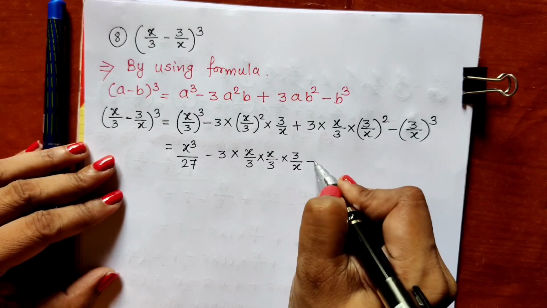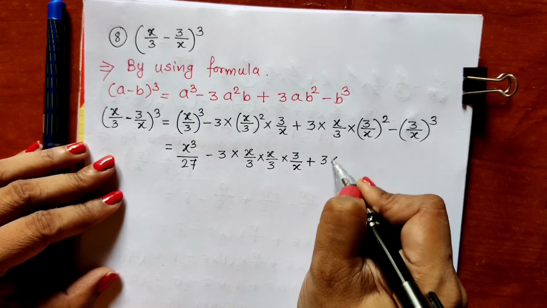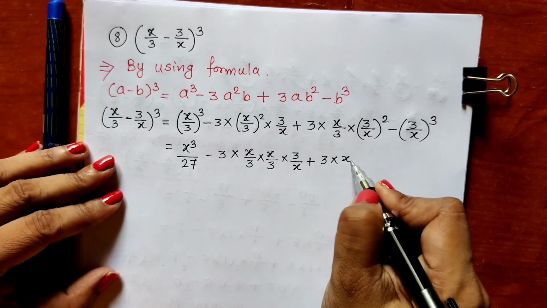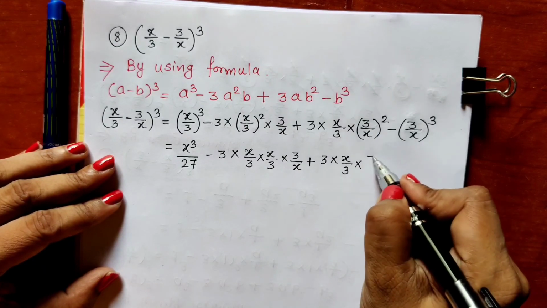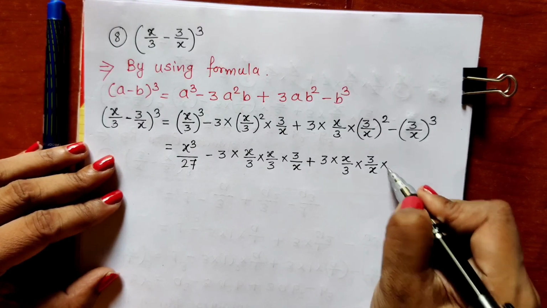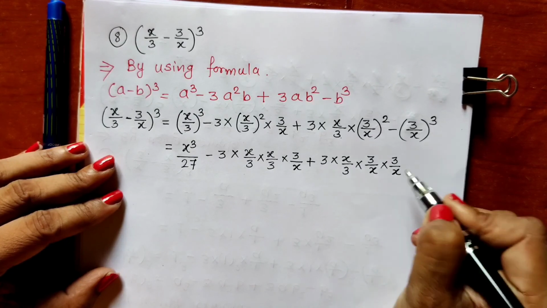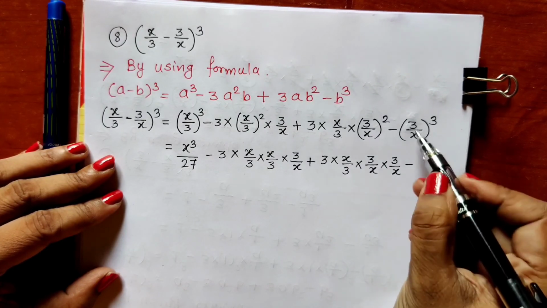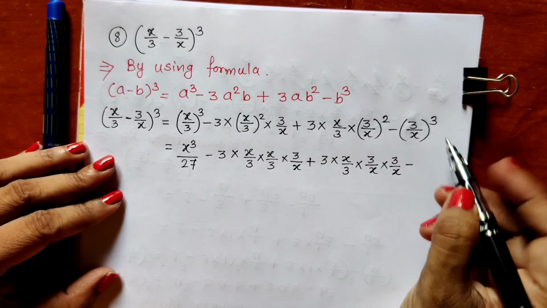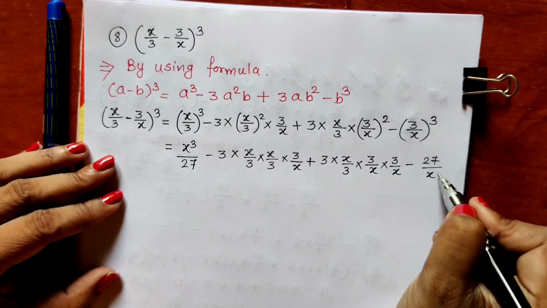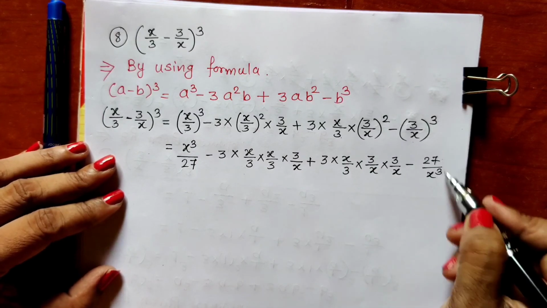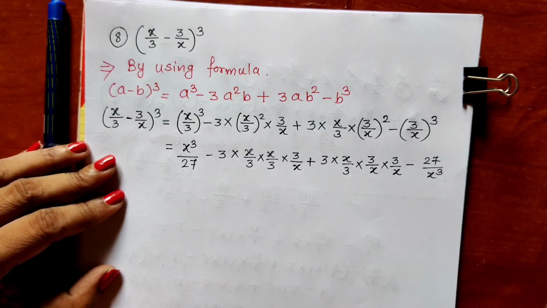Plus 3 as it is, multiplied by x upon 3 as it is, multiplied by 3 upon x square, which can be written as 3 upon x multiplied by 3 upon x, minus 3 upon x cube. 3 cube is 27 and cube of x is x cube. We have to write the cube of both numerator as well as denominator.